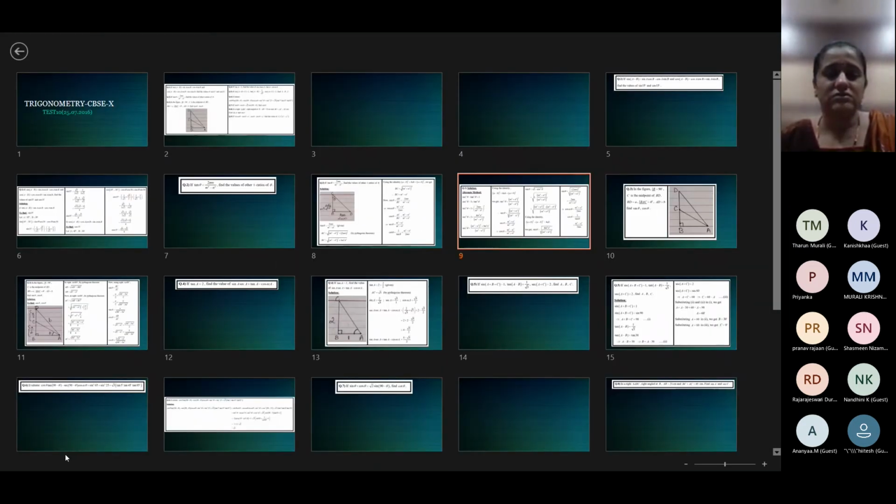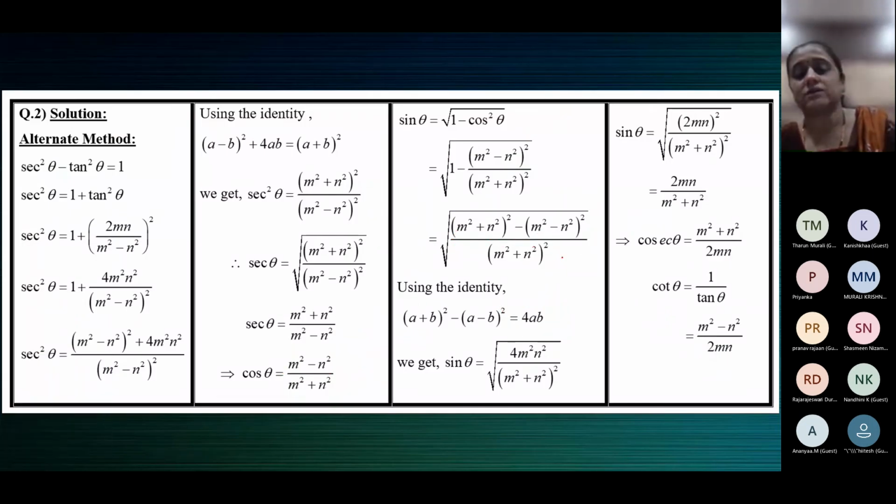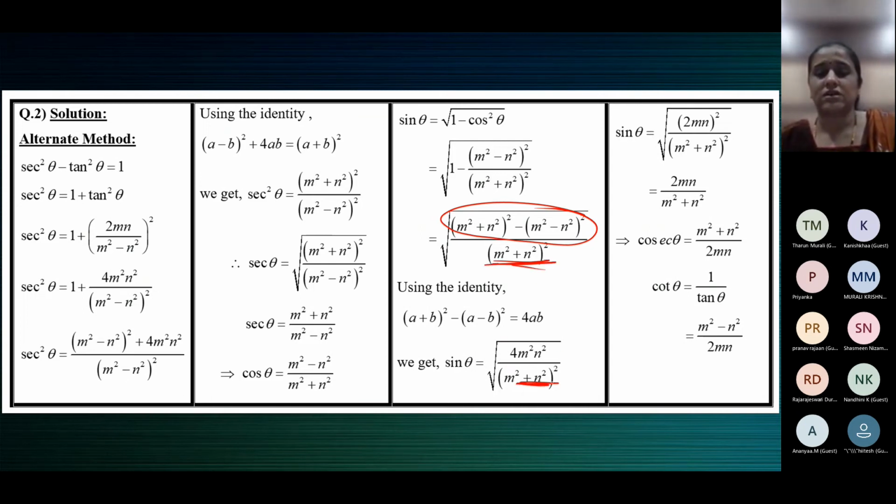So sine theta is equal to root of, the numerator is 4ab using the identity, 4m square n square, by this one as it is. Now we need the numerator and denominator to be perfect squares. Only then can you get rid of the square root symbol.